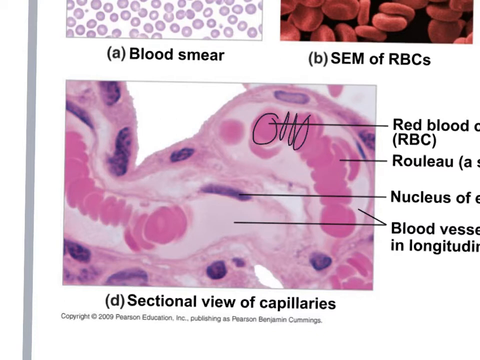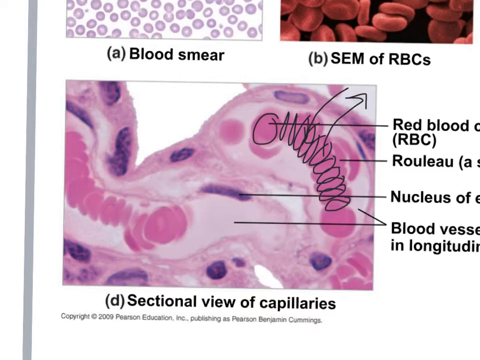You can see them all here stacking up so that they can go through those tiny little capillaries single file, right? And that's good because we need them to go slow so oxygen can leave the red blood cell and go out into the tissue, and carbon dioxide can leave the tissue and go into the red blood cell. So we need them to go nice and slow, nice and stacked like that in that rouleau formation.